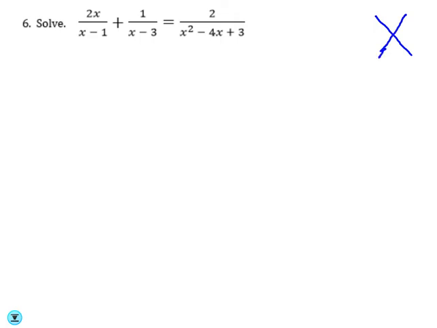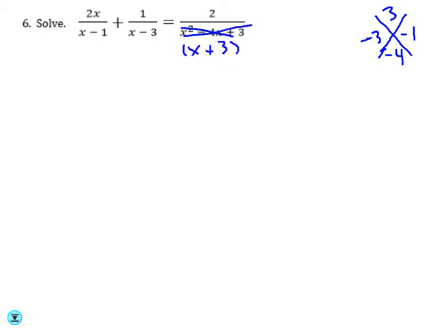So 1x squared times 3 is going to give us 3, and it needs to multiply to give us negative 4. So this is going to be a negative 3 and a negative 1, which, coincidentally enough, is the same thing as our denominators on the left side.